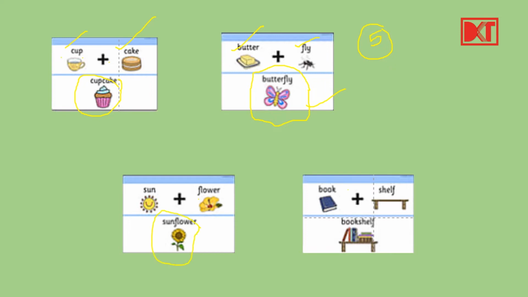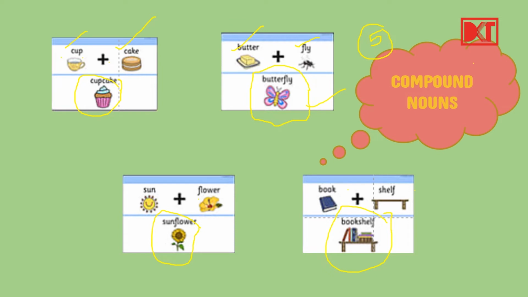And book and shelf makes a bookshelf. So these kinds of words are called compound nouns. So what are compound nouns? When there are 2 words which are joined to make an absolutely new and different word. That is the compound noun.